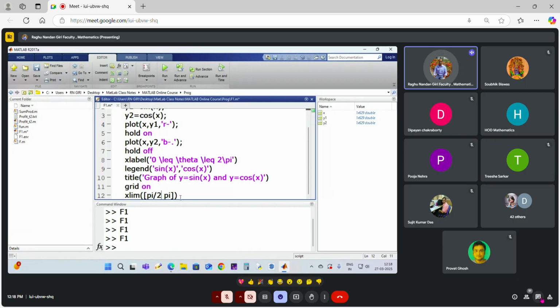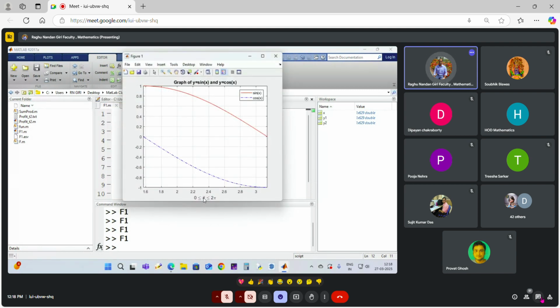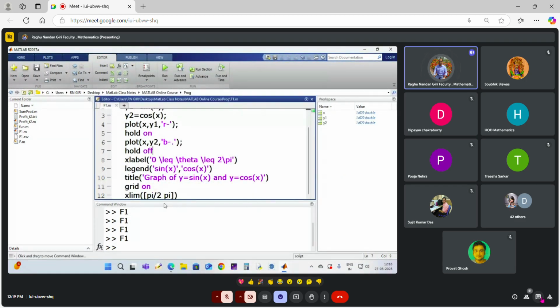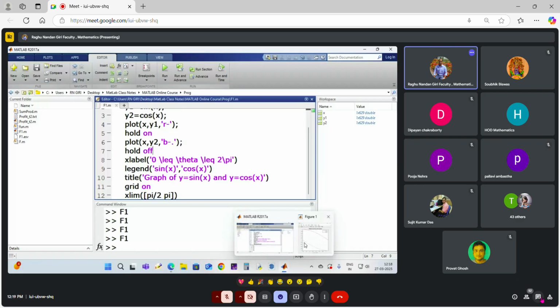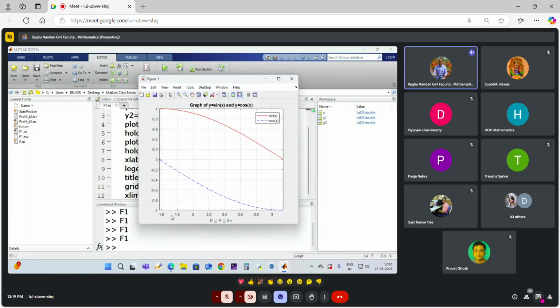Then just put the x limit equal to this. Then the graph shows just the value mentioned, pi by 2 to pi. This is the portion of the graph from pi by 2 to pi.